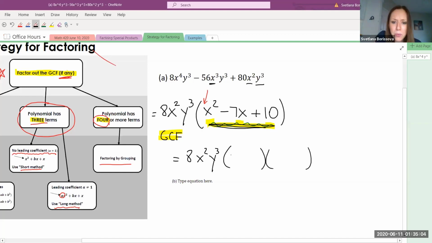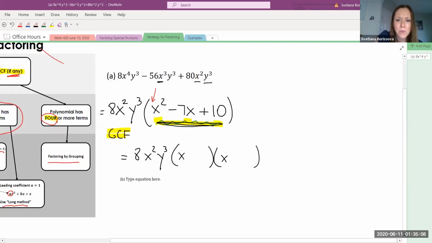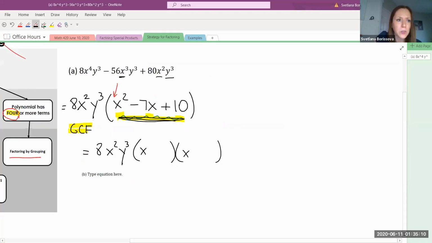I'm going to put x and x. And now I will play this vector game. So we start with the constant at the end. That's 10. I have to split it up in such a way that I get -7 as the sum. So what numbers should we use?